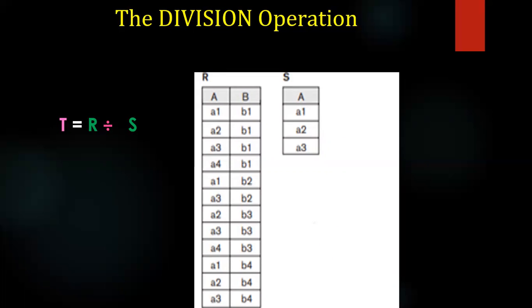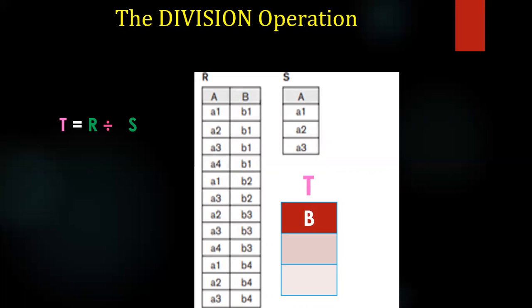It will be R minus S, which is B. So the resultant relation contains attribute B. Then what should be the values in the resultant relation?